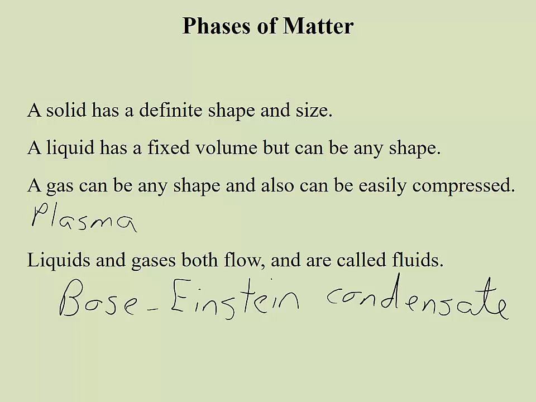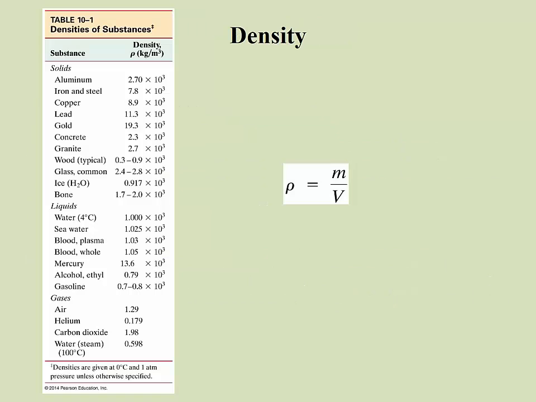From here, let's take a look at density. And again, I'm pretty sure that you have heard of density before. Remember that density, rho, is the mass per unit volume of an object. The units for density are typically kilograms per cubic meter.